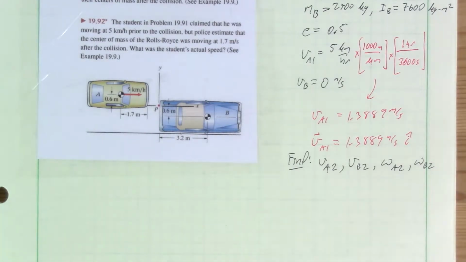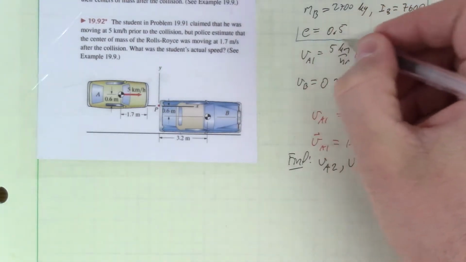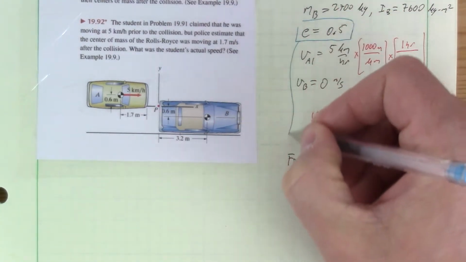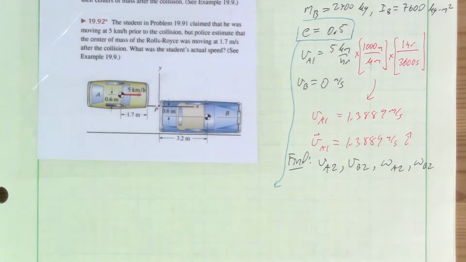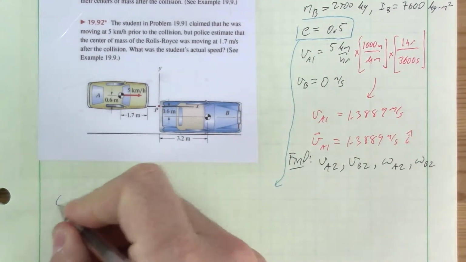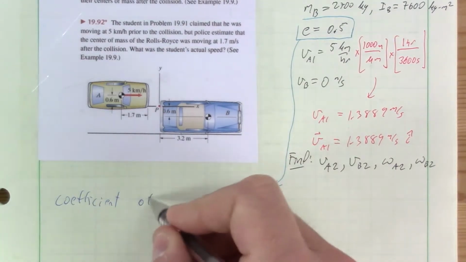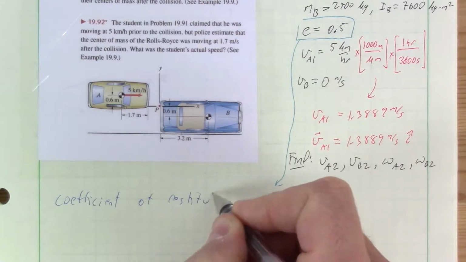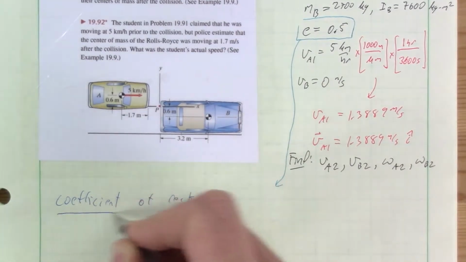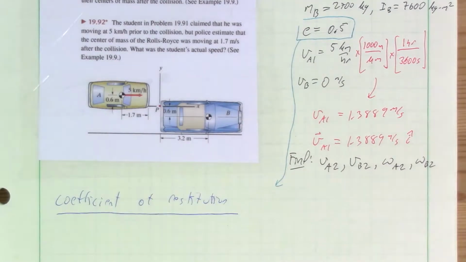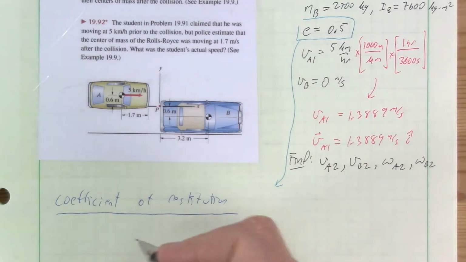Okay, let's talk about this coefficient of restitution. Before we jump in, this needs a little bit more extension from our earlier look at it. Remember we said this is like a material property of the materials involved here.